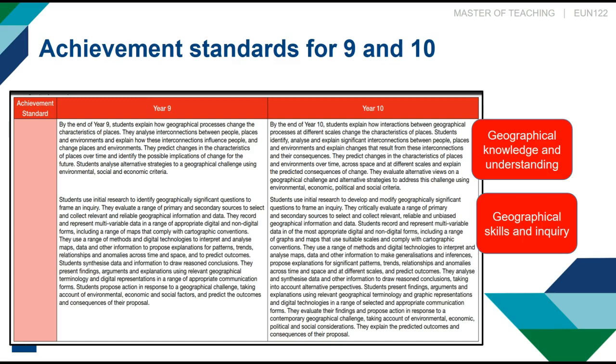The first paragraph is usually referring to the strand geographical knowledge and understanding, and the second paragraph refers to the second strand, which is geographical skills and inquiry. I encourage you to read through the achievement standards for 7 to 10, but particularly for 9 and 10, as that is what this unit is based on.